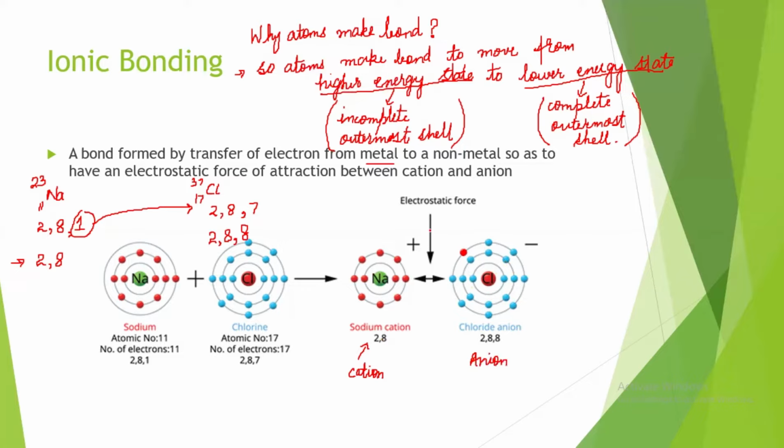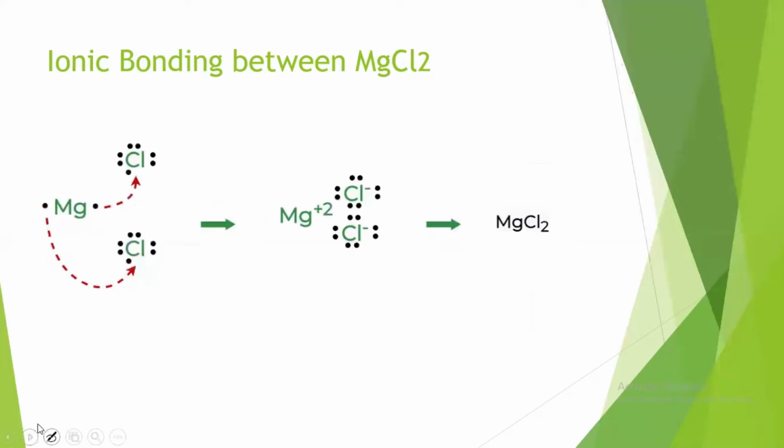And now an electrostatic force of attraction is developed between the cation and the anion. This electrostatic force of attraction holds the cation and anion together. Okay, so let's move further.